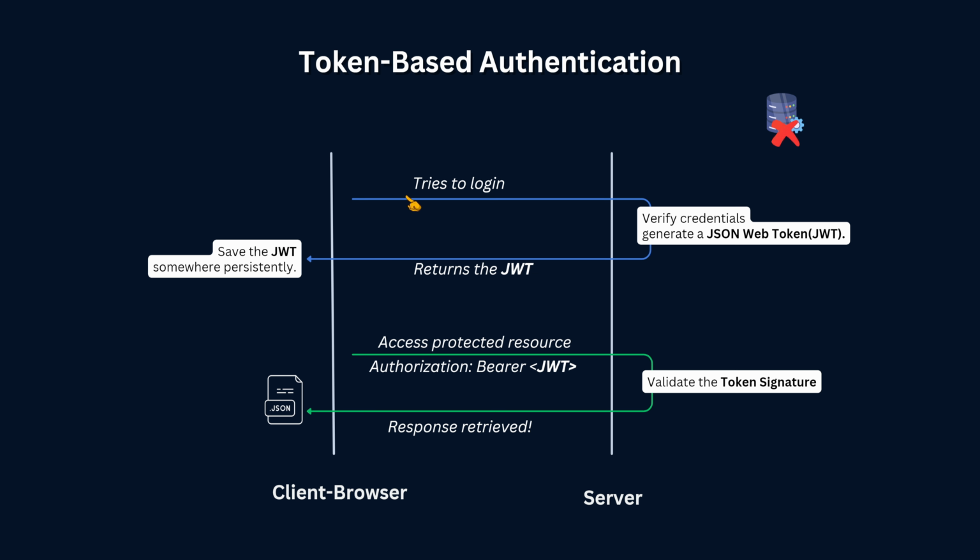First of all, the user makes a post request trying to log in to the web application. Of course, inside the server side, the given credentials must be verified with already stored users inside the solution. If this verification is successful, then a token will be generated. In case of JWT authentication, the token is called a JSON Web Token, in short JWT.